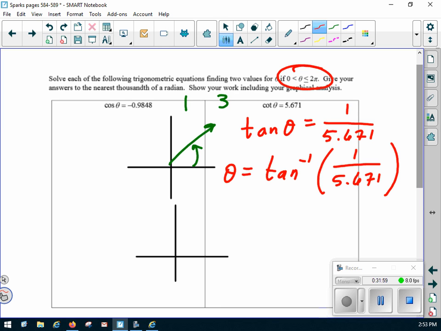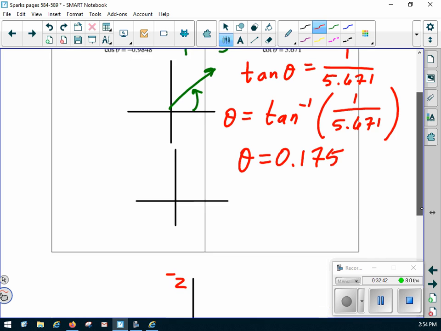Please use your fraction command. What do you get? 0.175. Is that in quadrant 1? Because it's less than pi over 2, 1.57. So I know that one of my angles is 0.175. Not degrees, radians, so don't put anything.